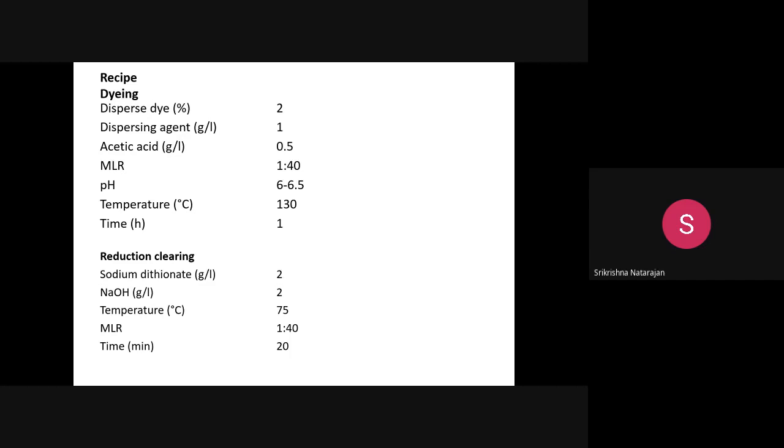Next is the reduction clearing recipe: sodium dithionite 2 GPL, sodium hydroxide 2 GPL, temperature 75, MLR 1:40, time 20 minutes.